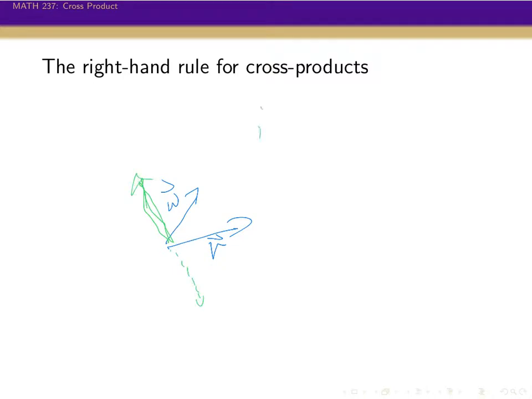So is V cross W here going to point up or down? And the way to figure out whether it's pointing up or down is to use what's called a right-hand rule.